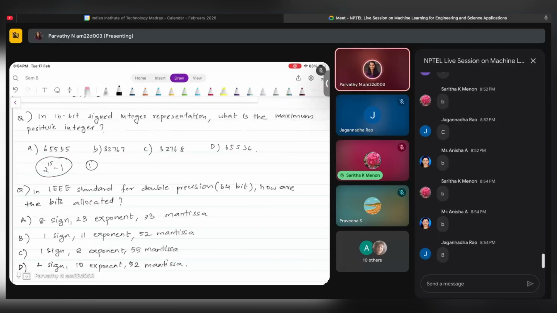So in the IEEE standard, what is the bit allocation? Yeah, so it is 1 sign bit, 11 exponent bits, and 52 mantissa bits.